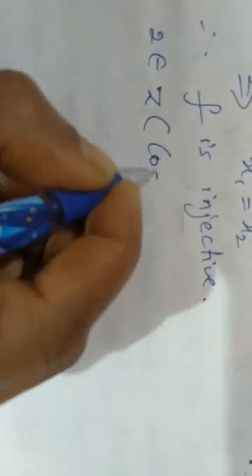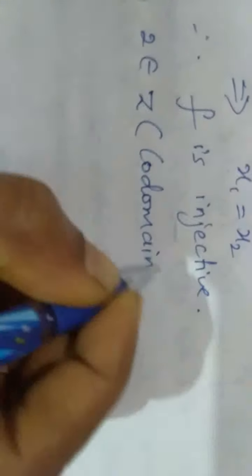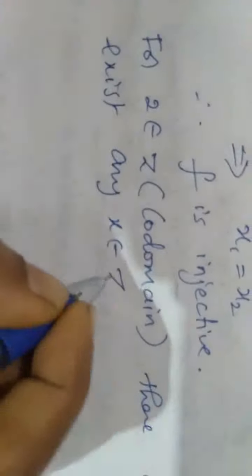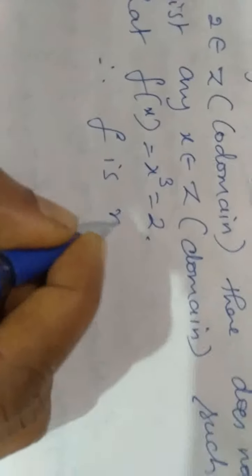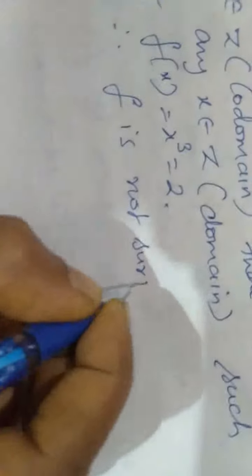For 2 belonging to your codomain, there does not exist any x belonging to Z, the domain, such that f of x is equal to x cube is equal to 2. Therefore, f is not surjective, not onto.